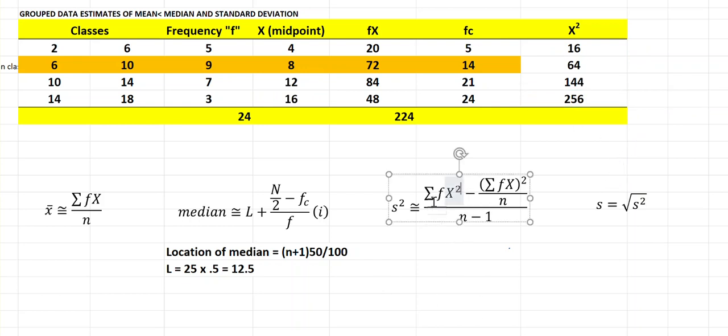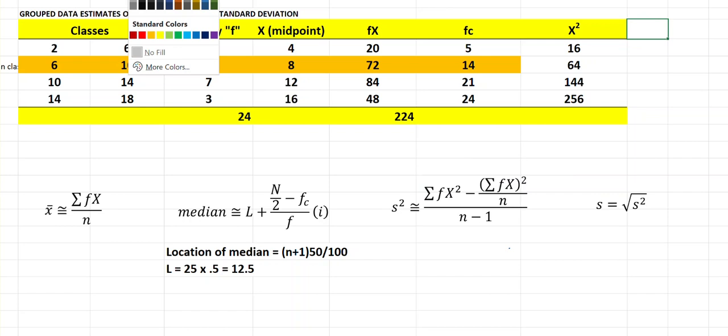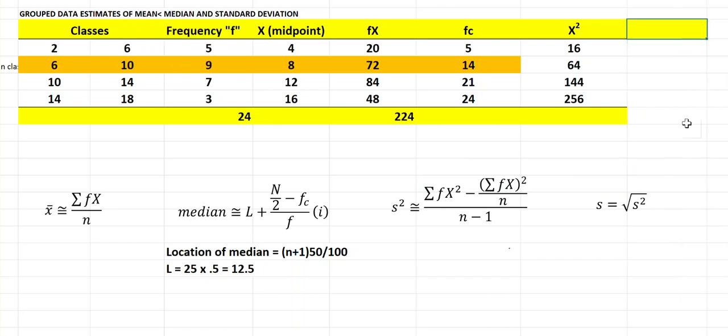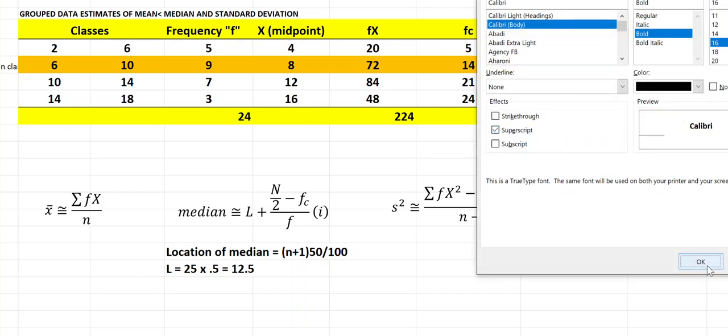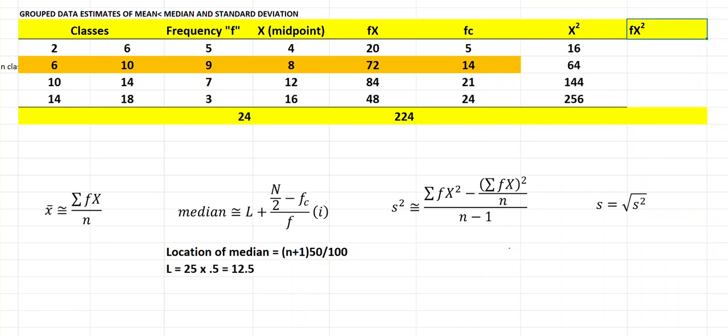The next step is to multiply the f with the x squared. So I have one more column that I need. Let me do that. And this is f times x squared. And again, I'm going to format that. Okay.